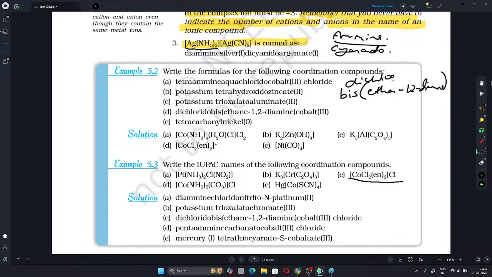Dichlorido bis(ethane-1,2-diamine) cobalt(III) chloride. Dichlorido bis(ethane-1,2-diamine), this is 3 chloride.